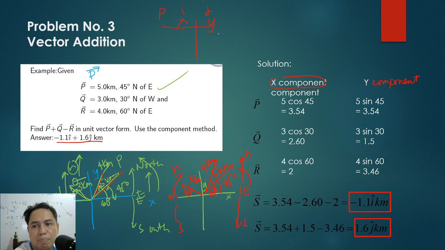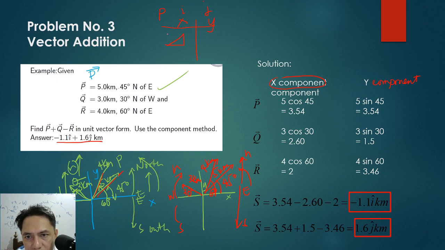X and Y are the coordinates, right? So how do we get the Px, right? So here, P of X is this, right? It's 45 degrees, the angle, and 5 kilometers. So how do we get this? We should get that by having P cosine 45, right? So here there is 45.